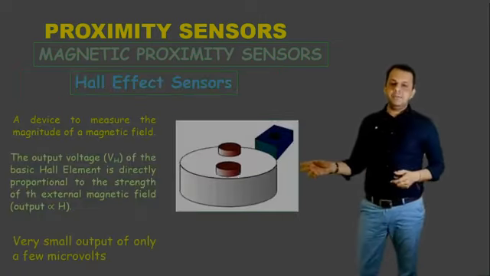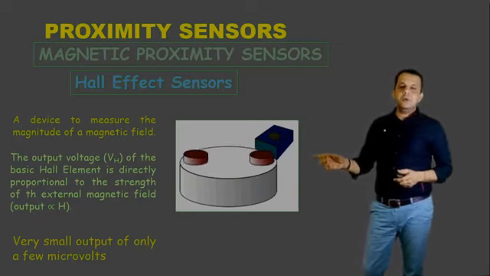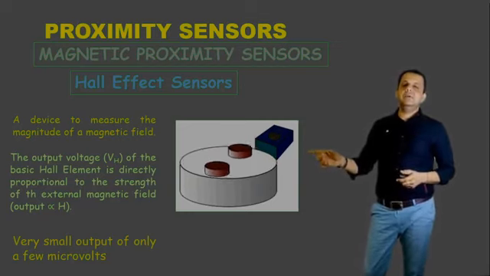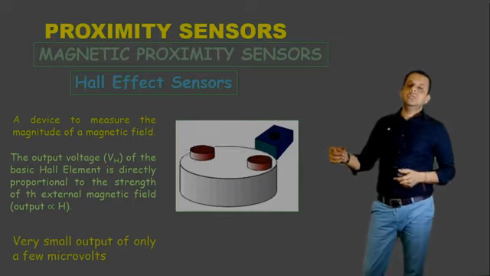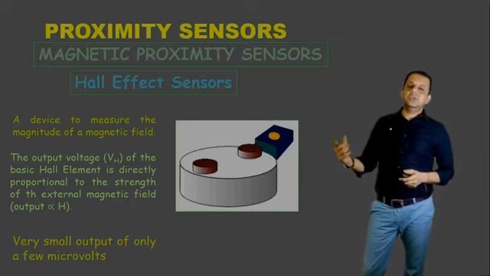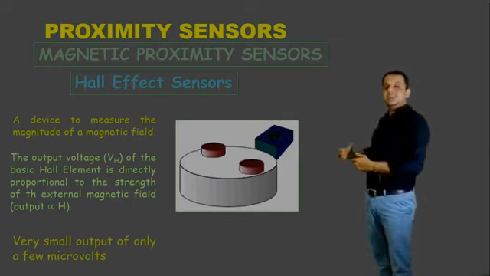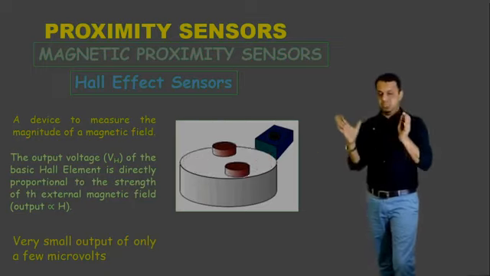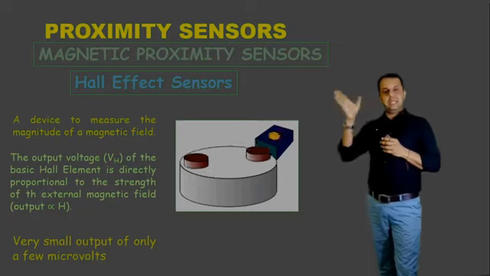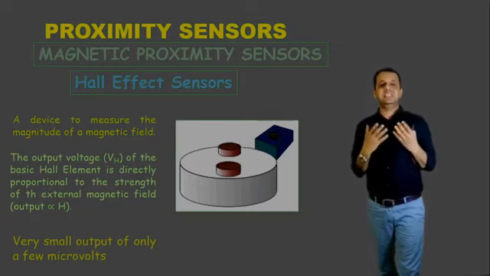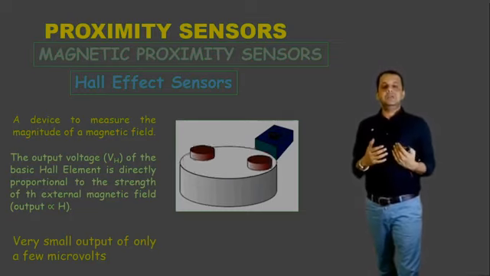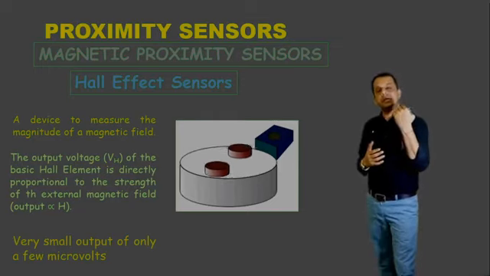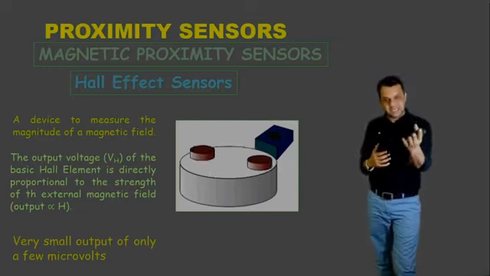Here you will see in the diagram, each time a magnet passes through, it is detected and the light glows. So here we talk about the external magnetic field. Now keep in mind that in the case of inductive sensors, we were producing the magnetic field and generating a magnetic field within the object or the target.